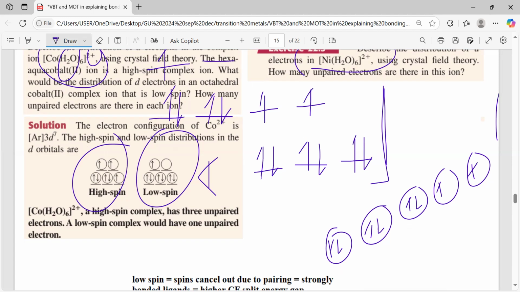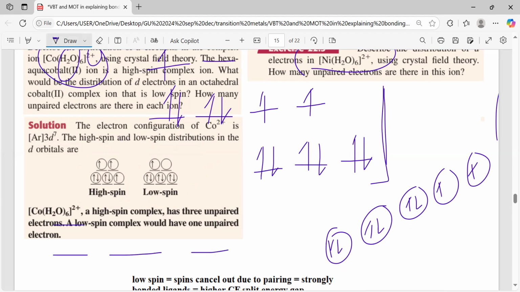Is that fine? Now, let's assume the other way around, whereby jumping is easier than pairing. When jumping is easier than pairing, what happens? The gap is tiny, like I've shown there. So jumping is easier than pairing. So it's 1, 2, 3, 4, 5, 6, 7, 8.